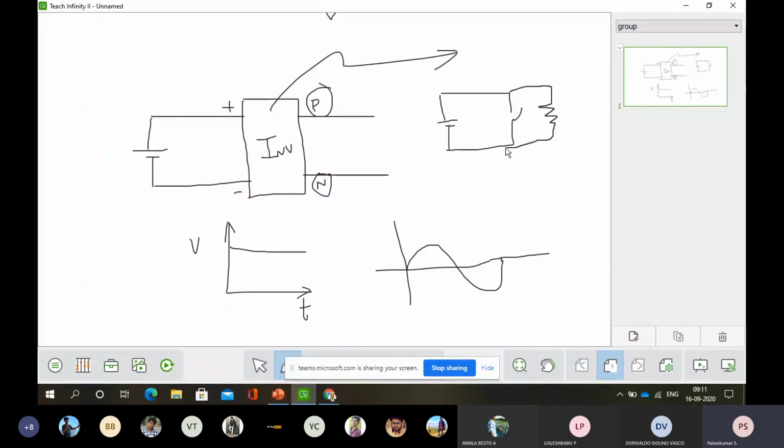So this is a switch, and this is a resistor. Assume that it is a mechanical switch.